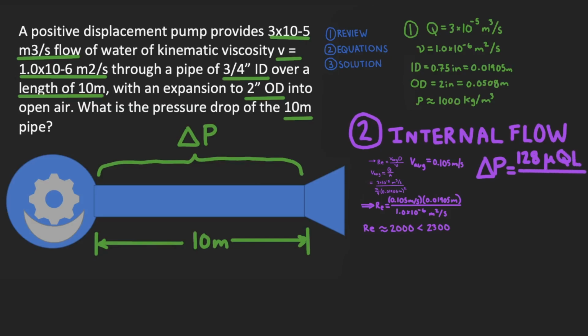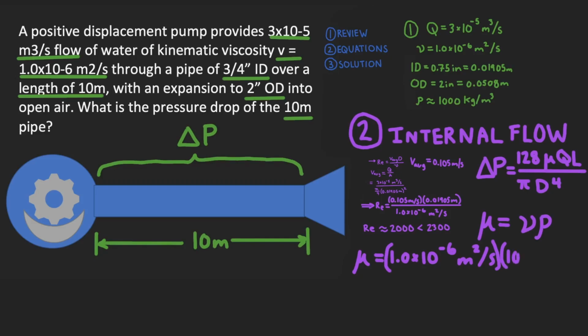The only thing we don't know is our dynamic viscosity. But dynamic viscosity is just equal to density times kinematic viscosity. So solving for our dynamic viscosity, we find that mu is equal to 1 times 10 to the negative third Pascal seconds. Now all of our unknowns are solved for, and we can simply plug and chug.